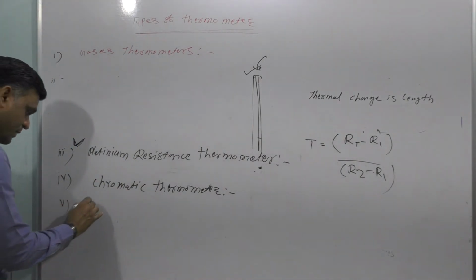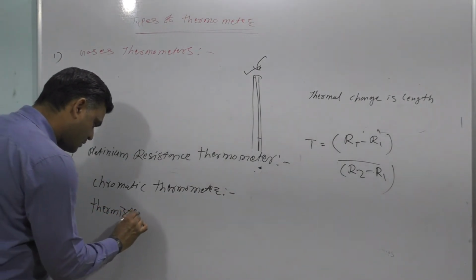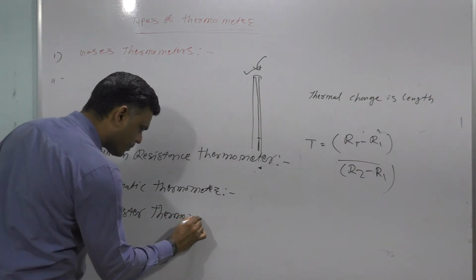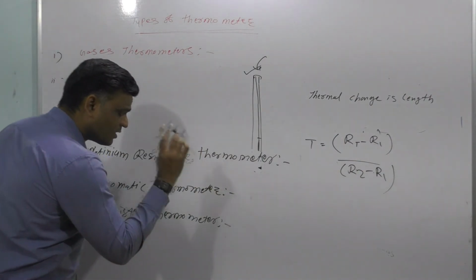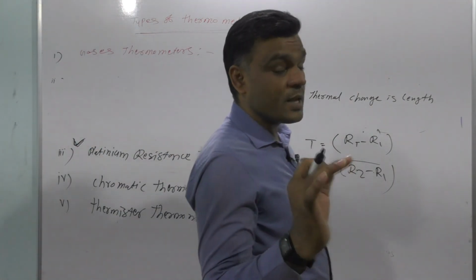Next one is the thermistor thermometer. In thermistor thermometer, a material used is semiconductor.